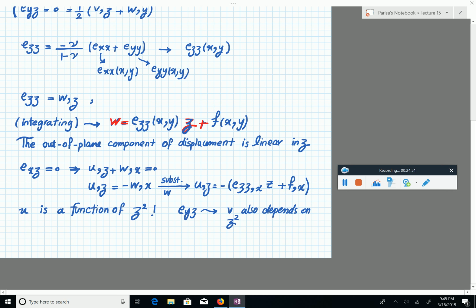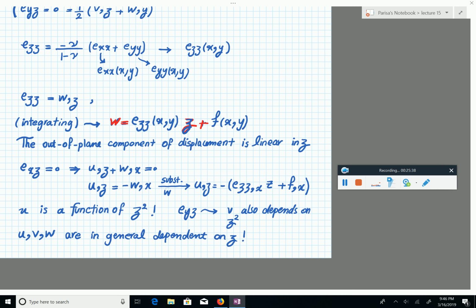So basically the bottom line here is that the displacement components U, V, and W are non-trivial functions that in general depend on Z. So in other words, the displacement is 3D, it's three-dimensional.